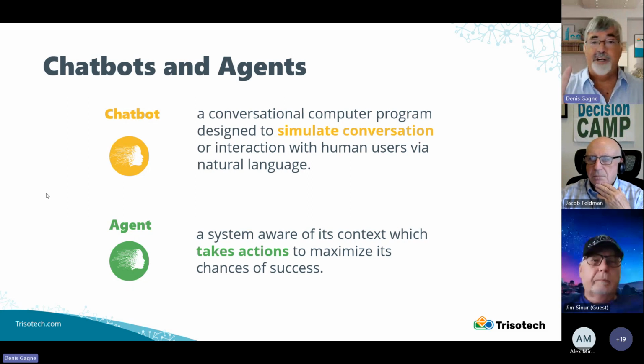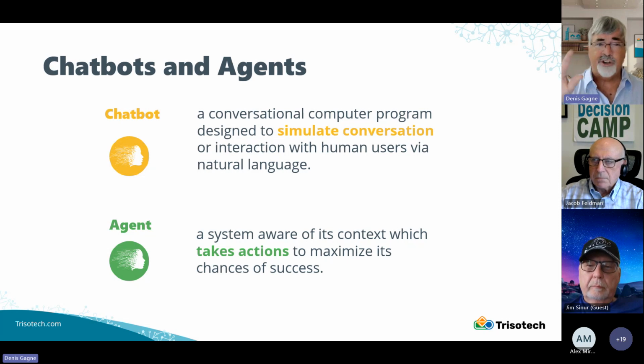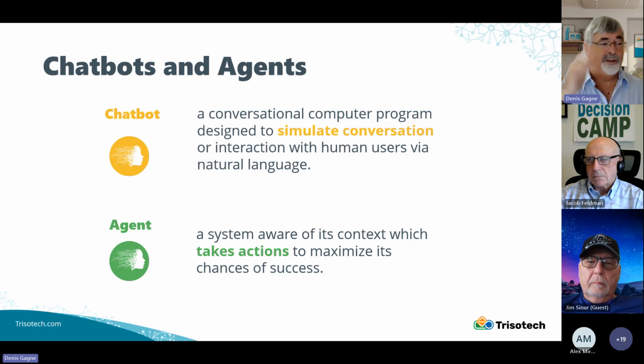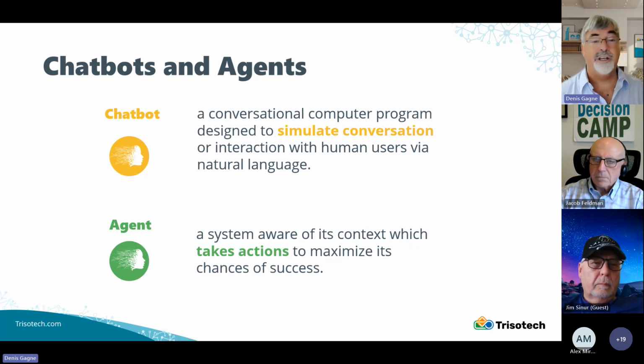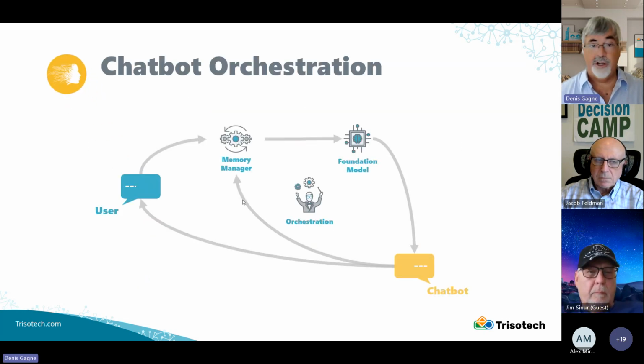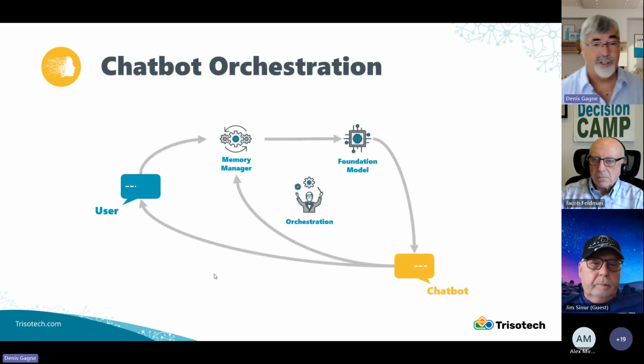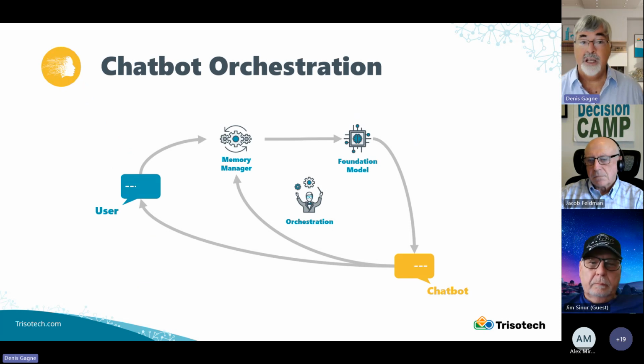I'm making a differentiation here between a chatbot that is basically just conversational and an agent as a system that can actually take action. Now we can argue that they're both the same, but I want to make the differentiation that one takes action where the other one doesn't take any action. And for the sake of time, I'll try to accelerate my pace to get to the end.